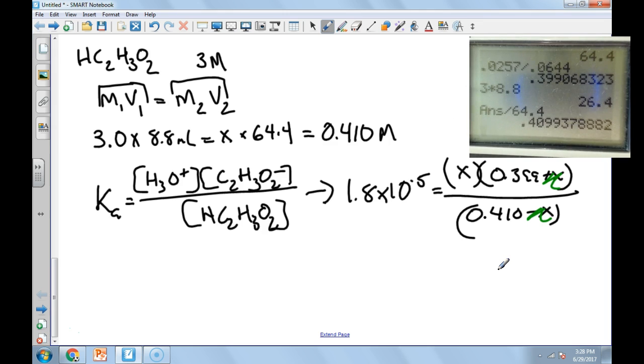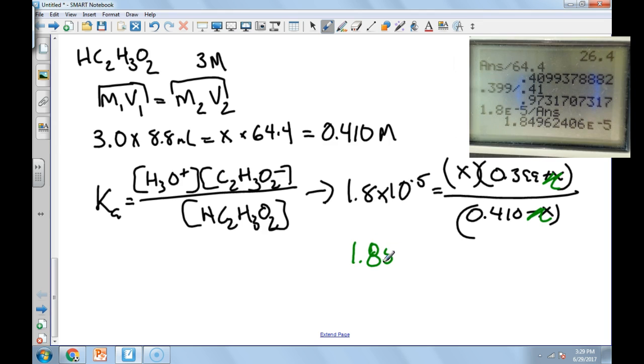So I'm going to do 0.399 divided by 0.410. Okay, and then I'm going to do 1.8 times 10 to the minus 5, and then we're going to have to divide that by the answer. Okay, and so now that is equal to about 1.85 times 10 to the minus 5 is equal to x.